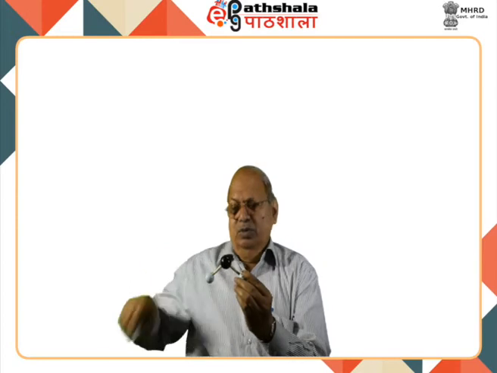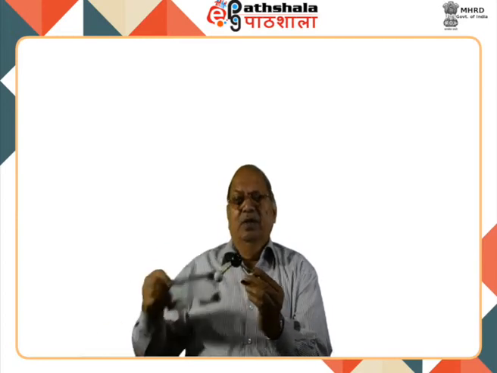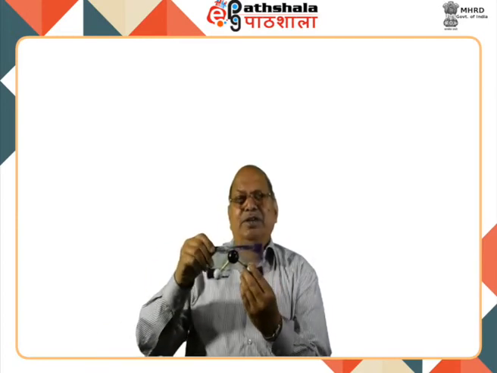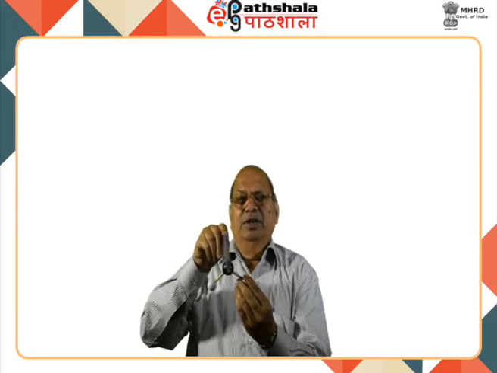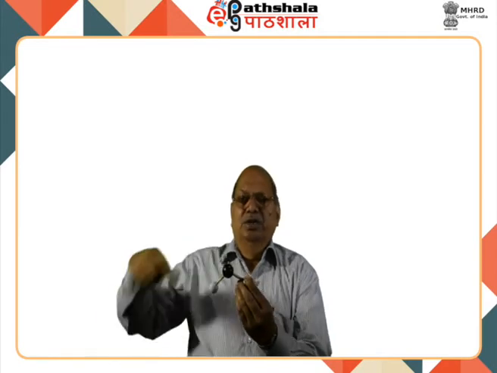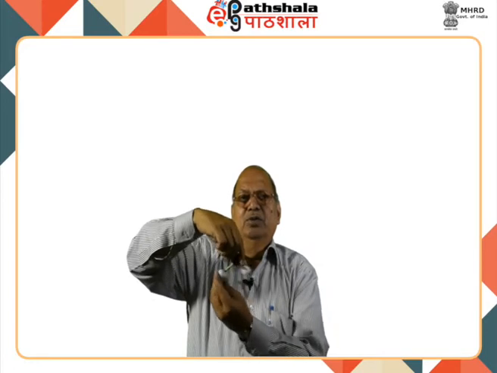So in this molecule I have a YZ plane in which the molecule lies, an XZ plane which bisects the HOH angle, and a C2 axis like this which can rotate the molecule.